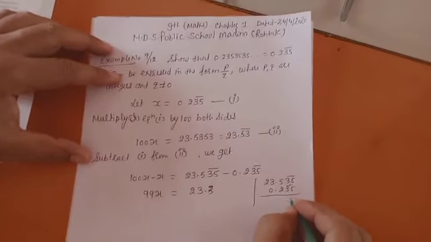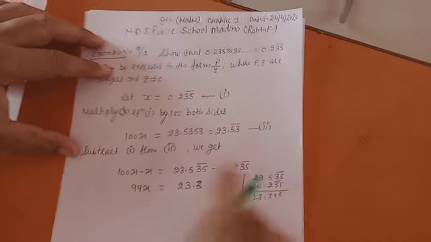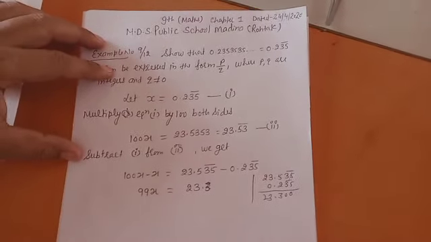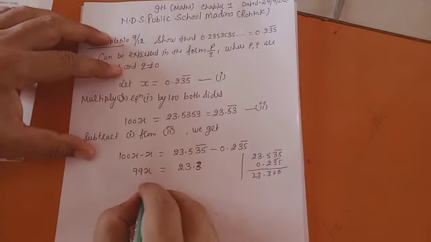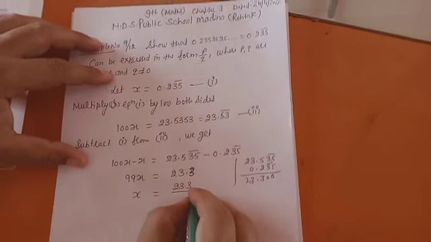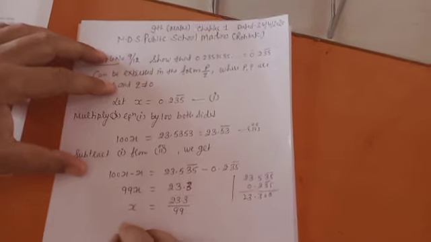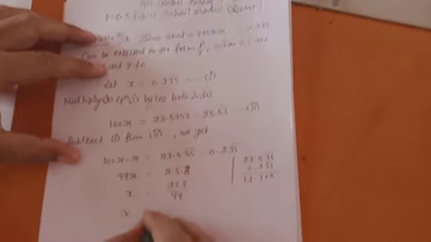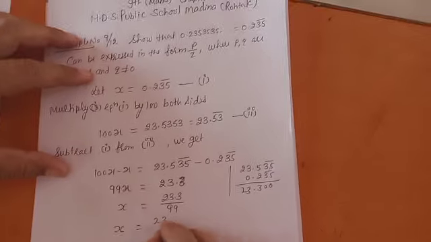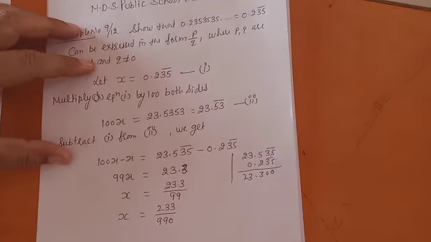The 0 and 0 cancel, and this is 3 and 3, and 5 minus 2 is 3, so 23.3. So again, find x is equal to 23.3 by 99. And what is this? x is equal to 233 by 990.